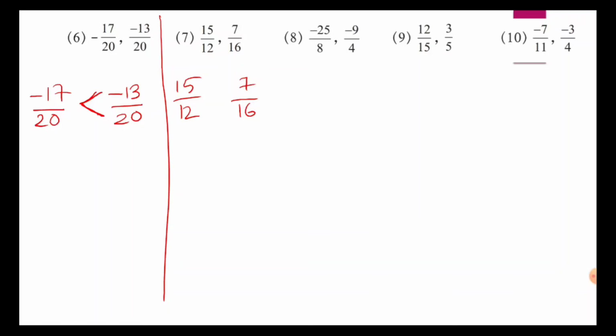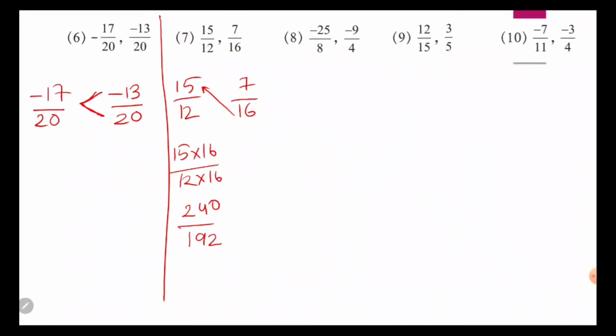If you all want, you can do it like this also. If I multiply this 15 with 16 and this 12 with 16, then what I'll be getting, 15 multiplied by 16 is 240 and 12 multiplied by 16 is 192.